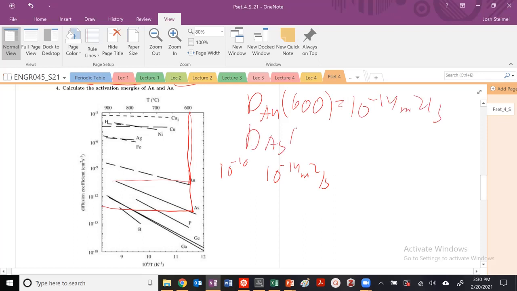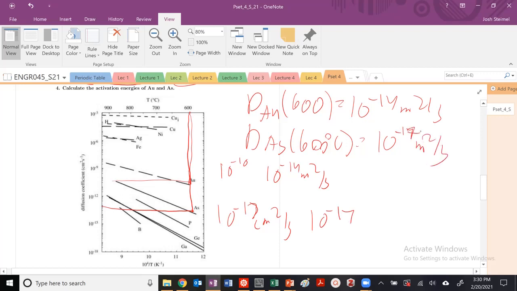Diffusivity of As at 600 degrees C is, let's see, 10 to the minus 13 centimeters squared per second, so that would be 10 to the minus 17 meters squared per second. Let's go ahead and cross these out.